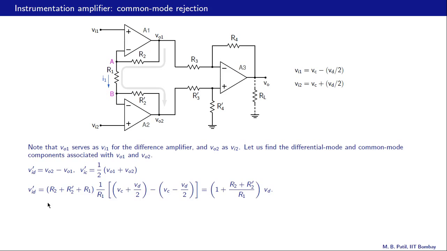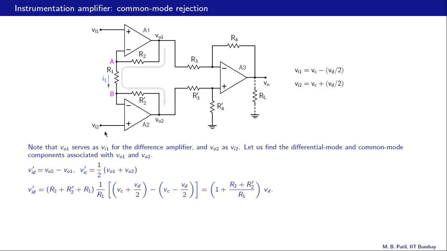What is Vid prime? It's VO2 minus VO1, so it is this voltage drop plus that plus that. So it's R2 prime plus R1 plus R2 times I1, with a negative sign because we are looking at VO2 minus VO1. What is I1? It is VA minus VB divided by R1, and VA itself is VI1, which is the same as VC minus VD by 2.